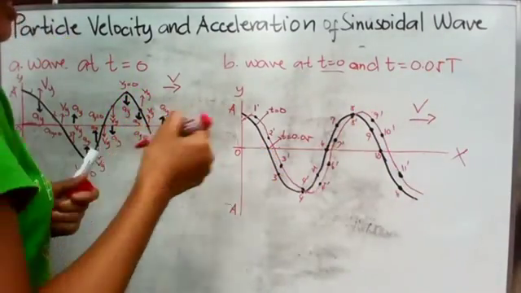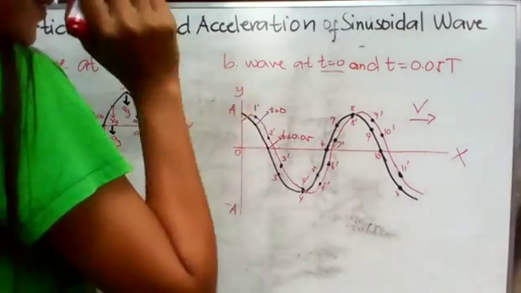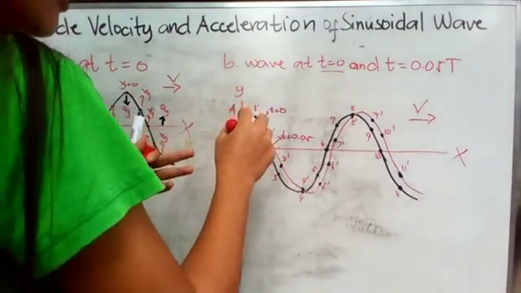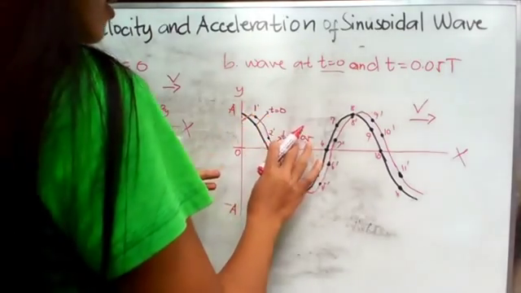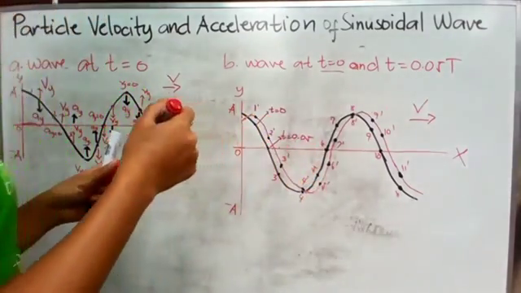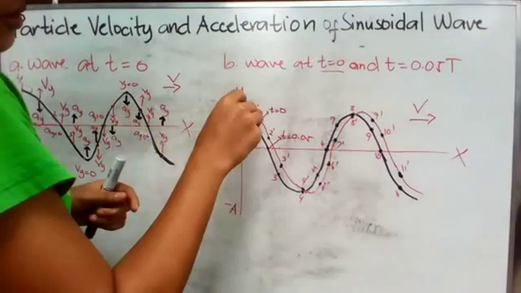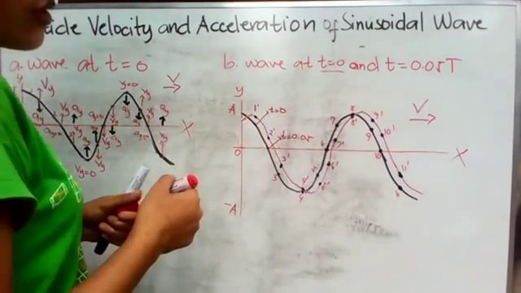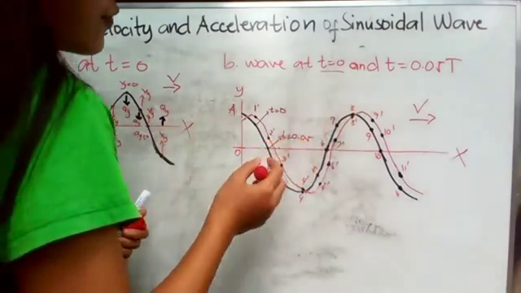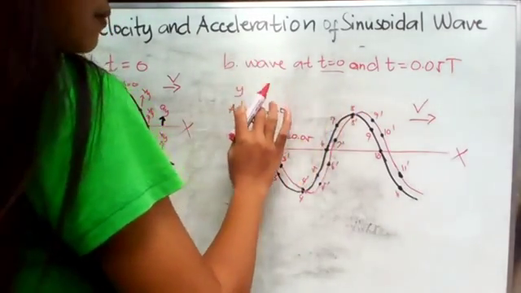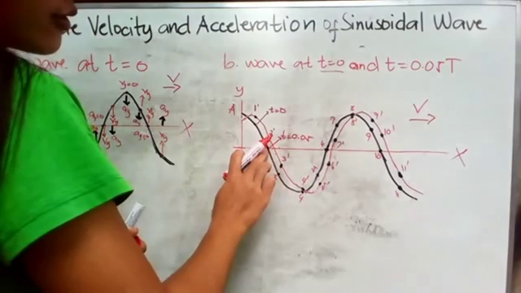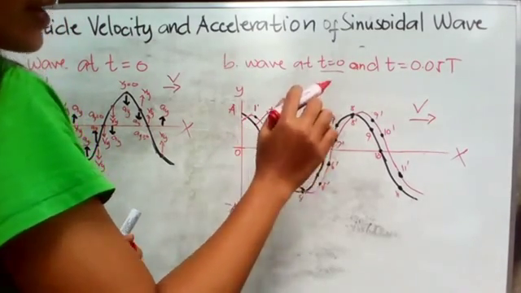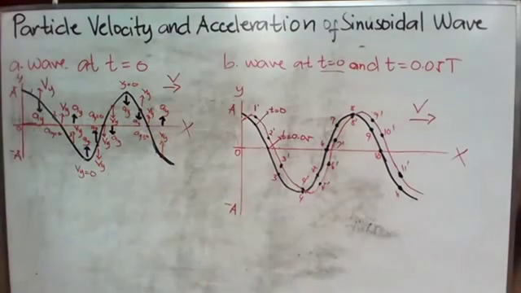We set 1 prime as the position of the particle after time 0.05. So this is the start, t equal to 0. The particle moves up, so 1 prime moves up to 2 prime, and so on.